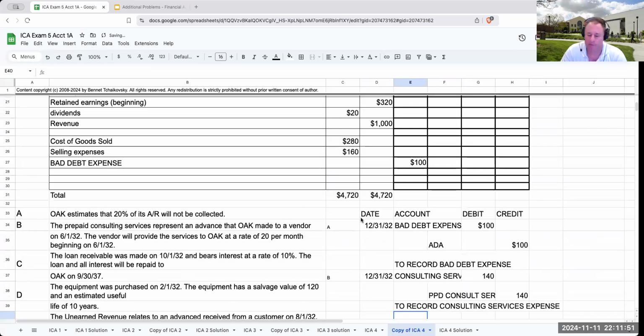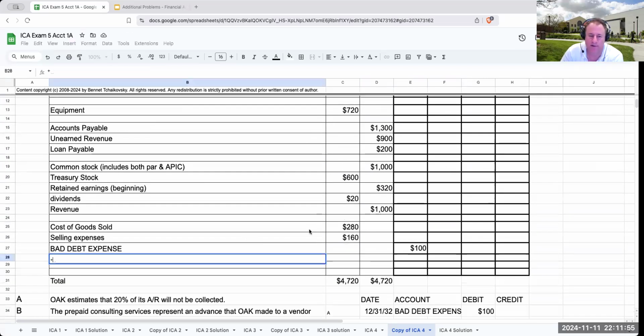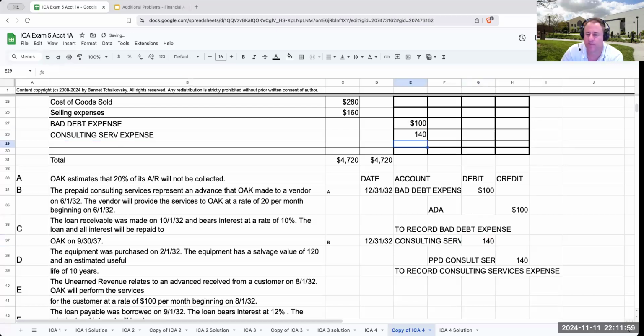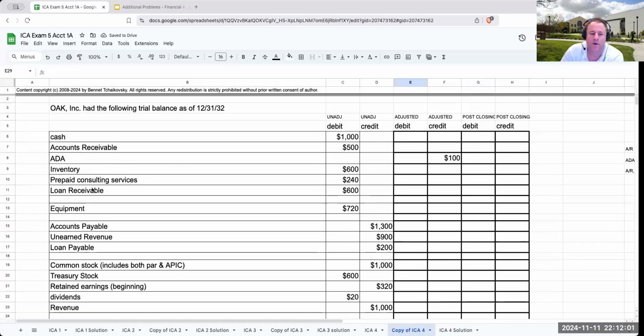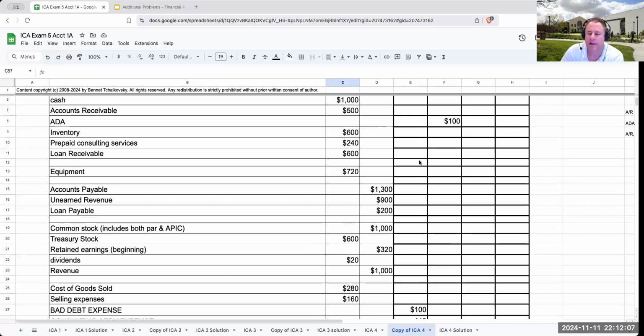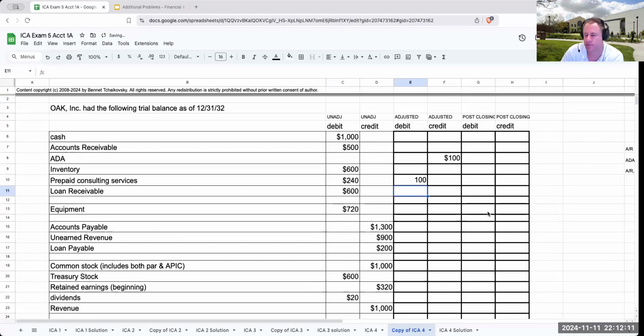So I'm going to go ahead and put this into my adjusted trial balance. So over here, consulting services expense for 140. Now, my prepaid consulting services had a balance of 240, but now that balance is 100. So I just make that adjustment there and I'm good to go.